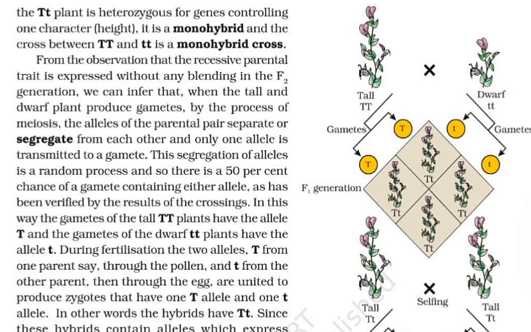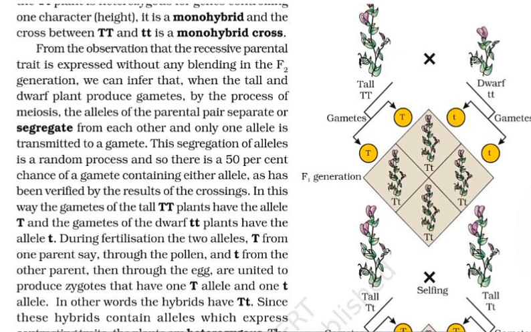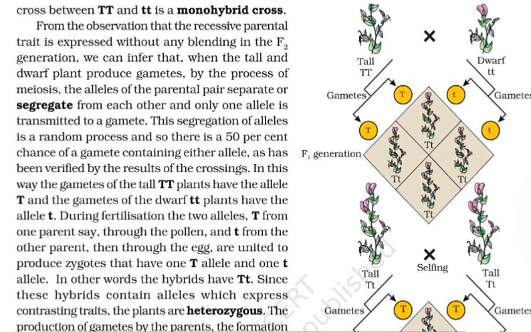The production of gametes by the parents, the formation of the zygote, the F1 and the F2 plants can be understood from a diagram called the Punnett square, as shown in the figure. It was developed by a British geneticist, that is Reginald C. Punnett. It is a graphical representation to calculate the probability of all possible genotypes of offspring in a genetic cross.